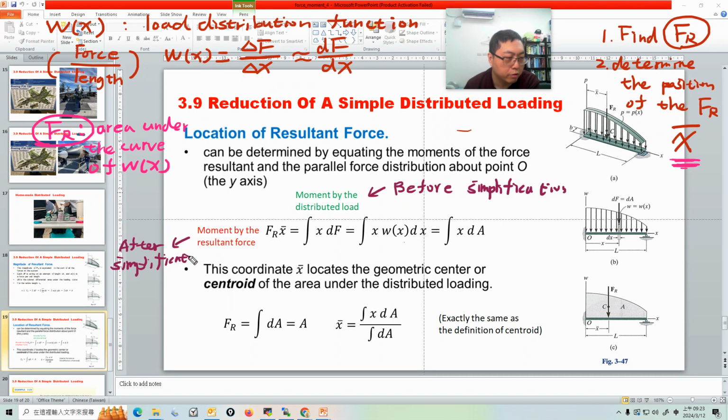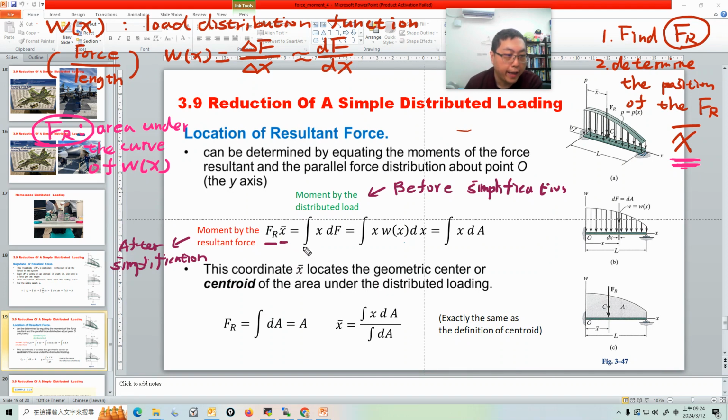After simplification, we only have one resultant force, F_R, and the position we don't know, we call it x bar. So this is the moment caused by the resultant force after simplification. It's F_R times x bar.